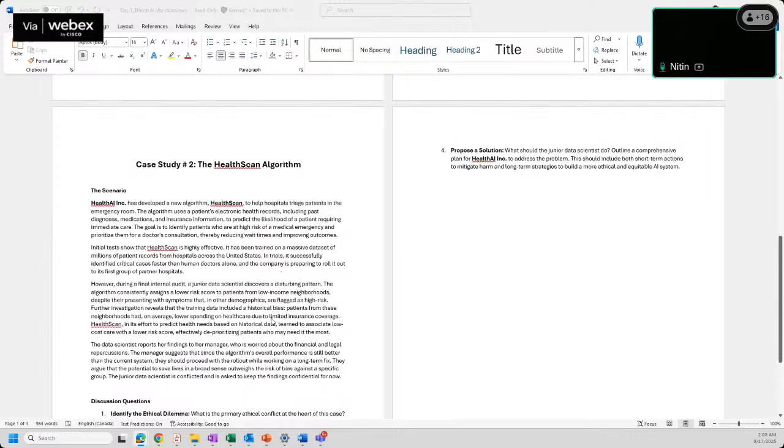Same thing: we'll divide into two groups. One group will take one case study and spend 30, 40 minutes, and the other group will do the same thing with the other, and then they will present it. That's how we were thinking of getting through.